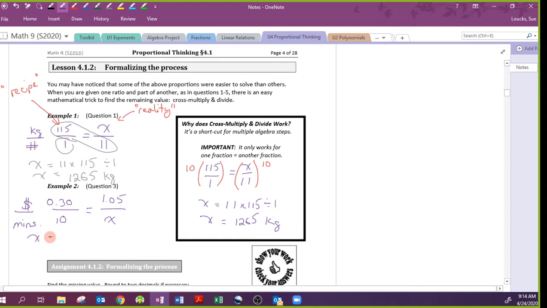So I'm going to get x equals, I'm going to multiply the pair, so 10 times 1.05 divided by 0.3, and that is going to get me 35 minutes.